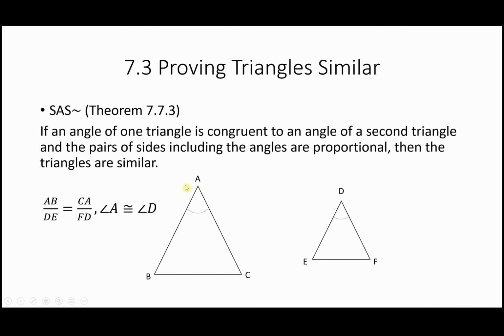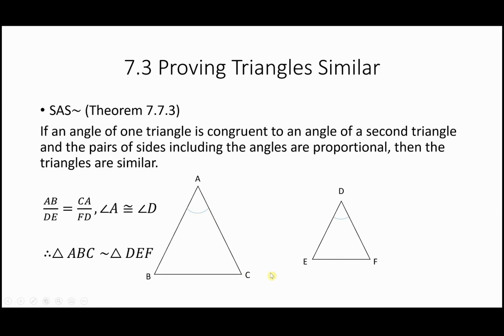So those side lengths that were mentioned here have this included angles A and D that are congruent to each other, right? So all of those elements, or something similar, if they are in play among two triangles, then you can use SAS similarity to say that the two triangles are similar, okay? Because we have sides proportional and an included angle.